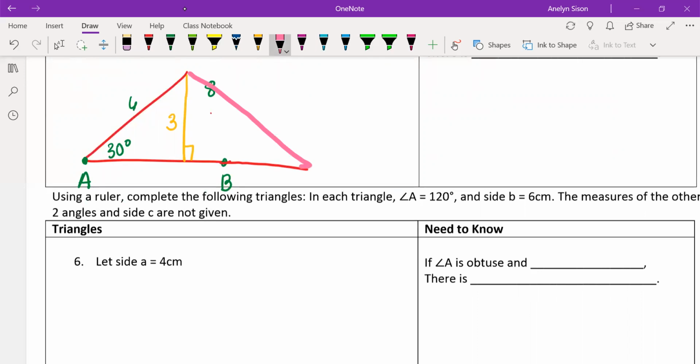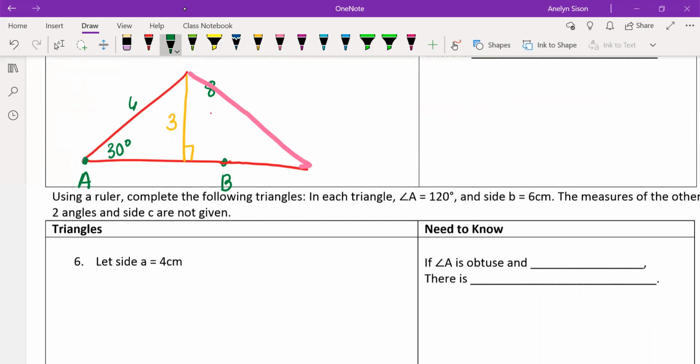Now, can I position that 8 to the left of the height? No, because I would pass my angle right here, which is not possible. We can't go backwards with our angles. That's where we stop. So when we move that over, it's going to go past. Then that means we only make 1 triangle.